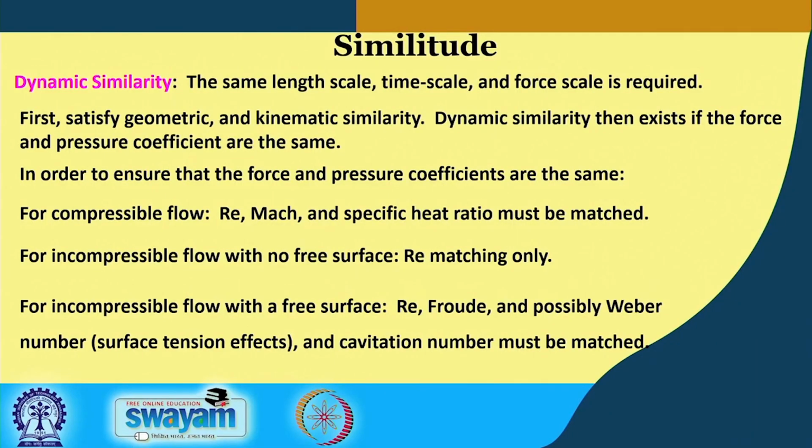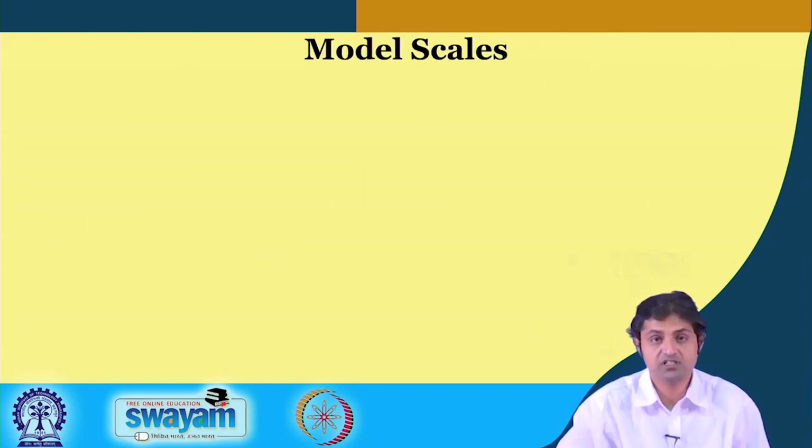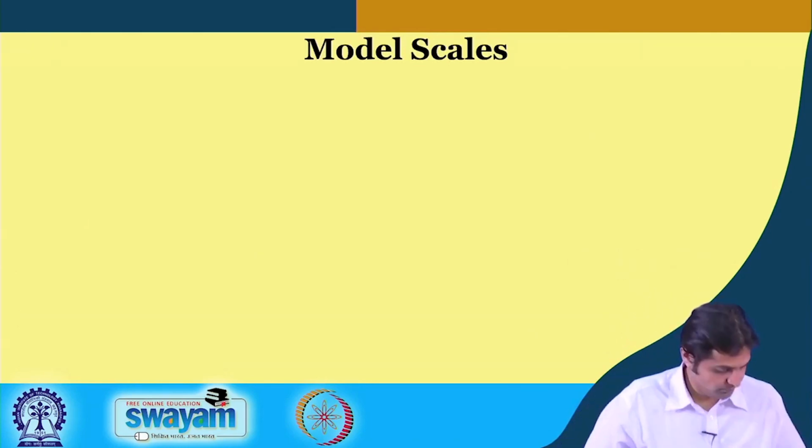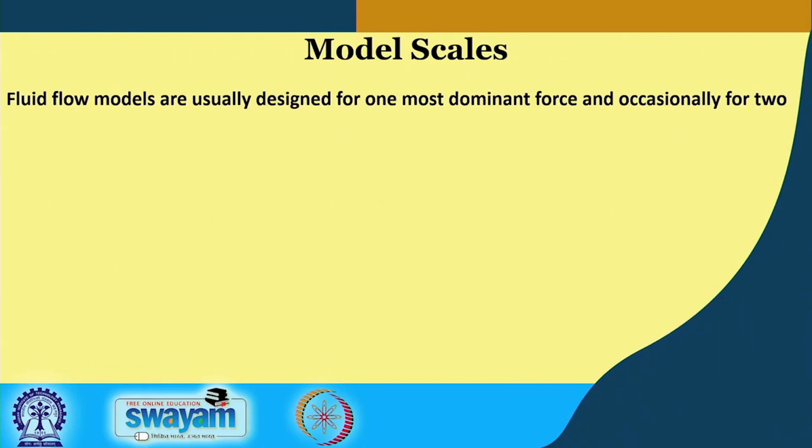Welcome back to the last lecture of this module. We concluded at the similitude last time, where we discussed the dynamic similarity, and we start with the extension of similitude, that is model scales. The fluid flow models are usually designed for one most dominant force and occasionally for two.